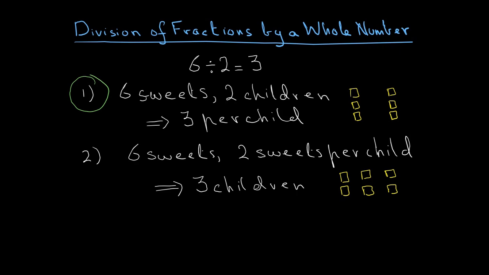Okay, so now let's say you want to divide 3 over 4 by 3. Okay, so a very simple thing. Let's make 3 over 4 first. So here's 1, 2, 3, 4.